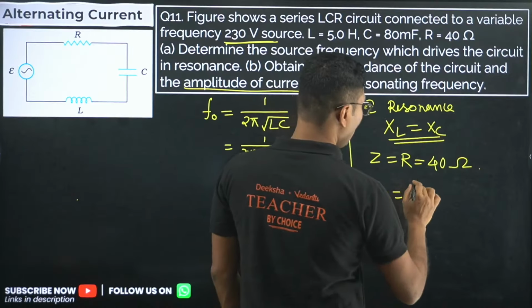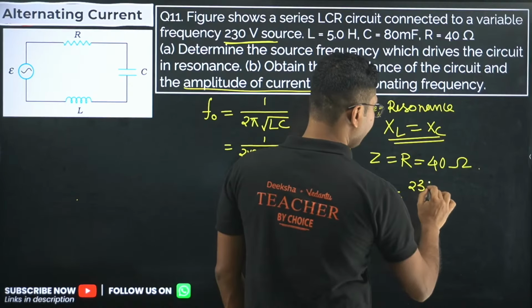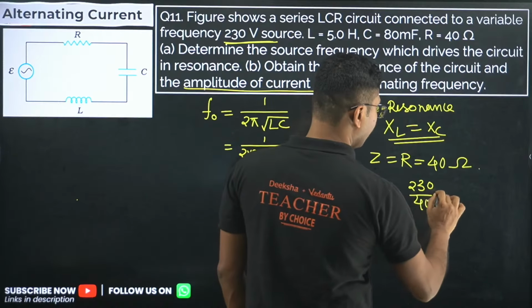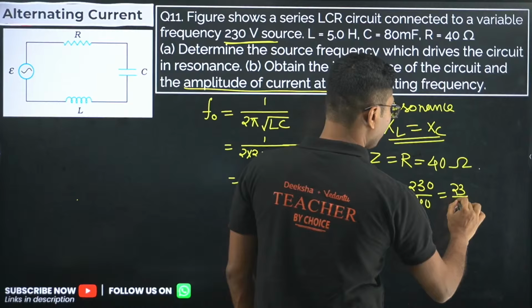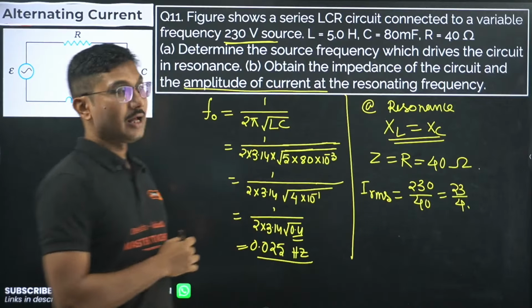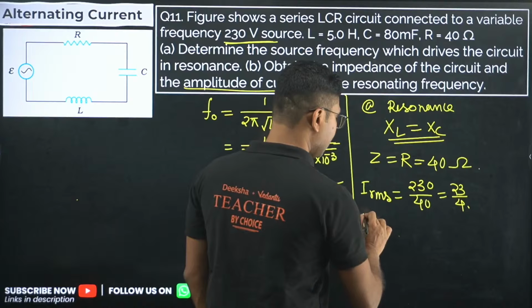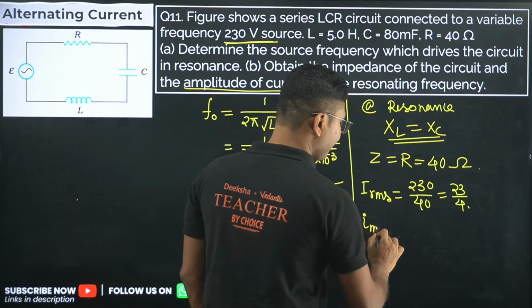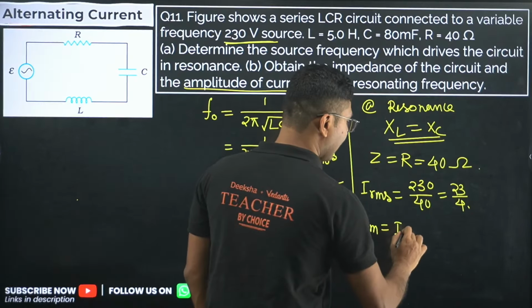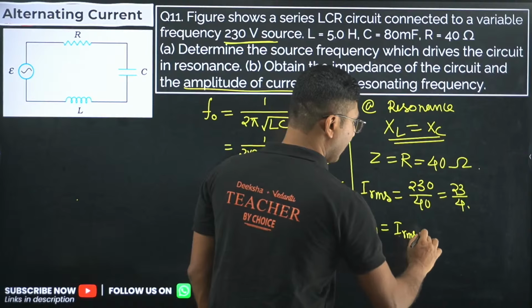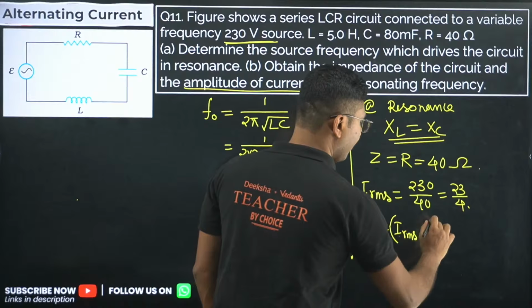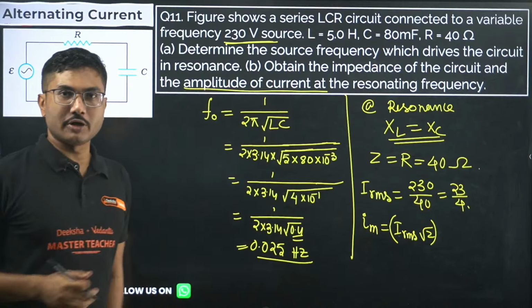I RMS equals 230 divided by 40, that is 23 by 4. This is the RMS current. They ask you the amplitude of the current. The amplitude of the current, that is I m, equals I RMS into root 2. You have to do this. Make sure you understand this.